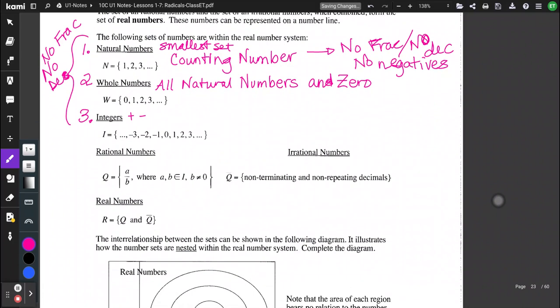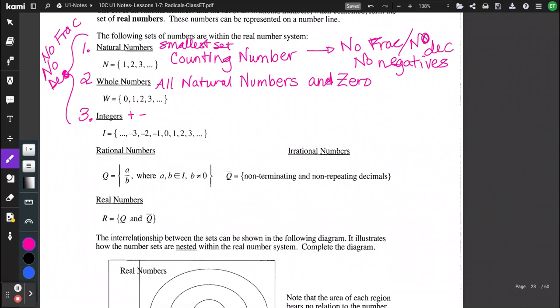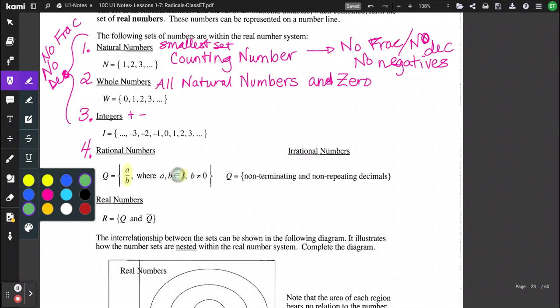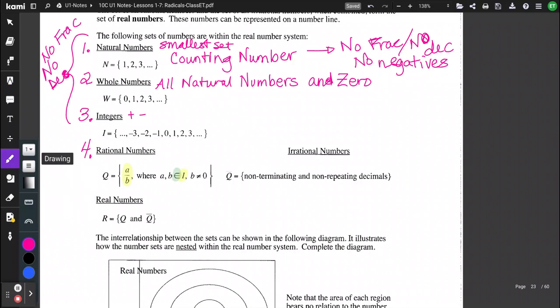However, we know from the previous lesson that our biggest 2 sets in the real number system are rationals and irrationals. So number 4 is rational numbers, and this is where it tells us that we can write them in fraction form, a over b, where a and b are integers. That funky letter E is a symbol that means is an element of or is contained in.